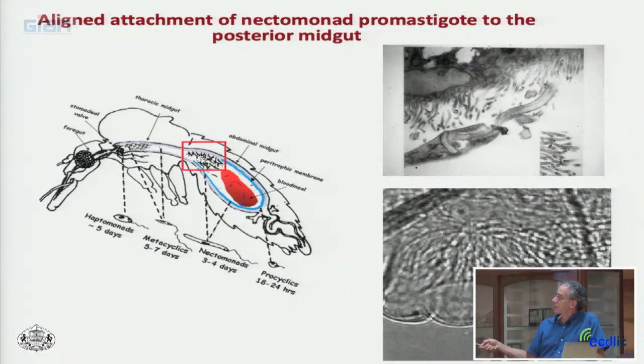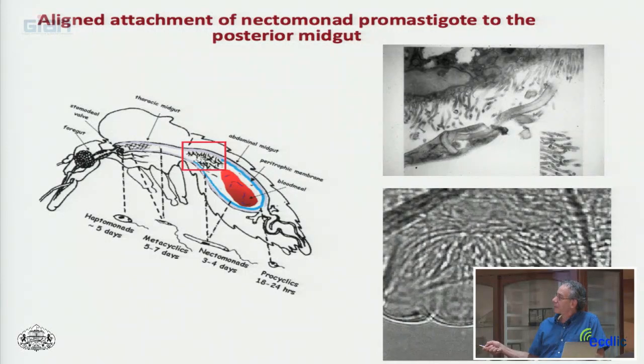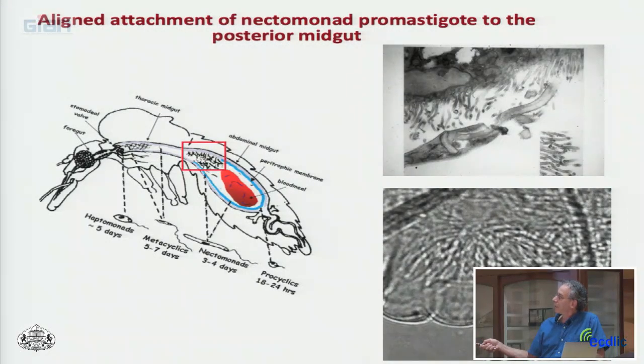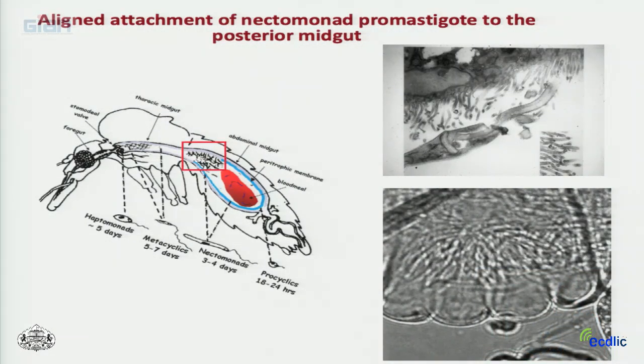So this is a video of these promastigotes that are in huge numbers, attached to the midgut epithelial cells in this region of the gut after the blood meal has been excreted.